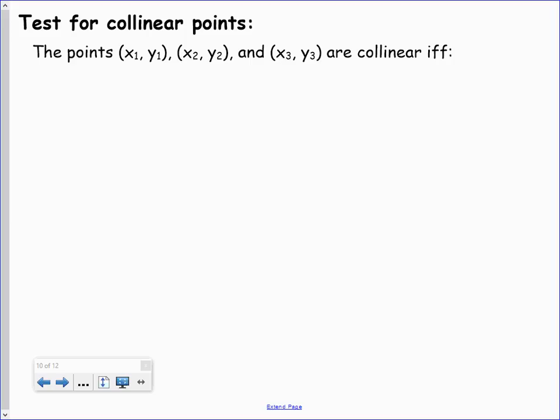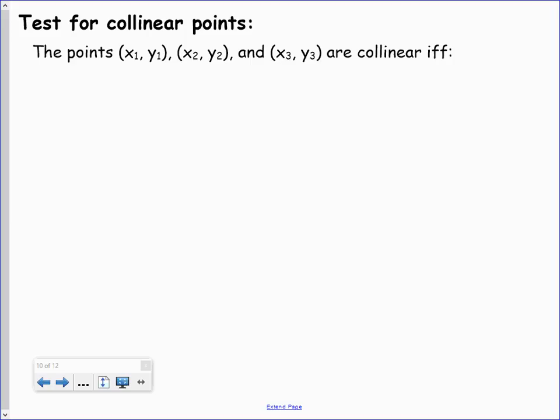Any 2 points can always be collinear, because you could draw a line through any 2 points. Okay, so if you have 2 points, are they collinear? Yes, on some line. Okay, so you'd really start testing for collinear at 3 points, which is why you're getting 3 ordered pairs.